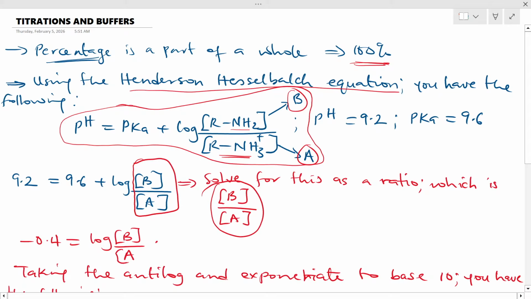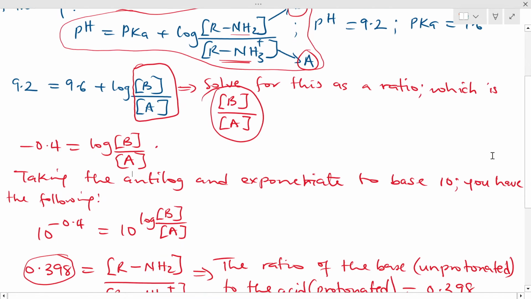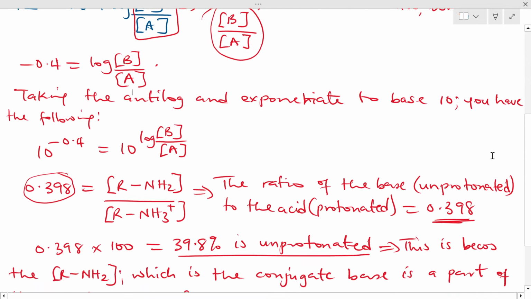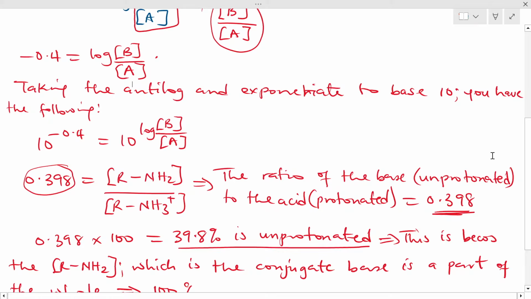Concentration of the conjugate base over conjugate acid. Alright, so the next thing at this point is to take the antilog and exponentiate to base 10. When you take the antilog, what you have is this, and this will give you this, and of course the log will be off.